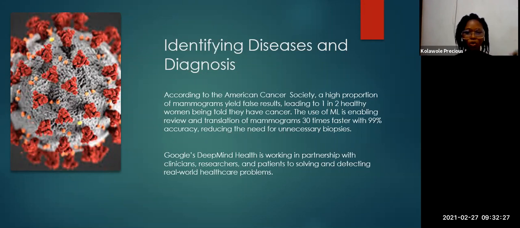Also, we have Google DeepMind Health. They are working in partnership with clinicians, researchers, and patients in solving and detecting real-world healthcare problems. They are diving deeper into solving real-world problems everyone is facing. All right, so let's go on to the next slide.